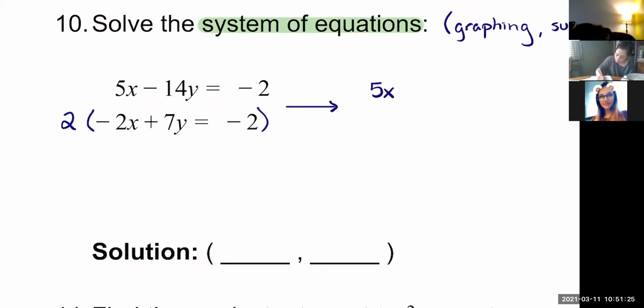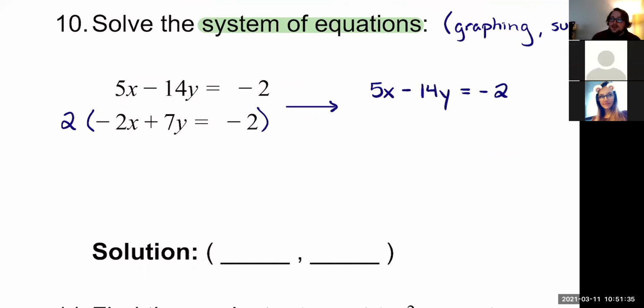Still have a 5x minus 14y equals -2. The bottom equation, you want to make sure you multiply that 2 clear through every single term. So 2 times -2x will give me a -4x. 2 times 7y is going to give me that positive 14y I like to see. And 2 times -2 is going to give me a -4.